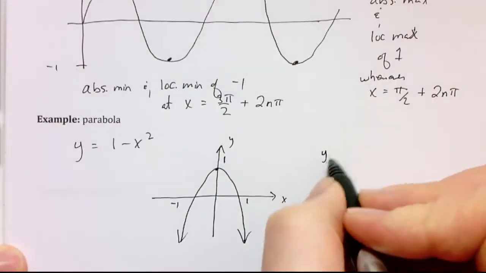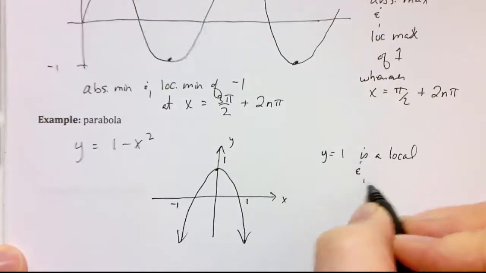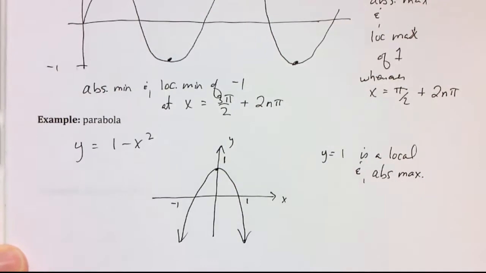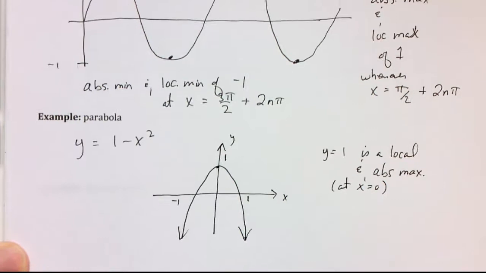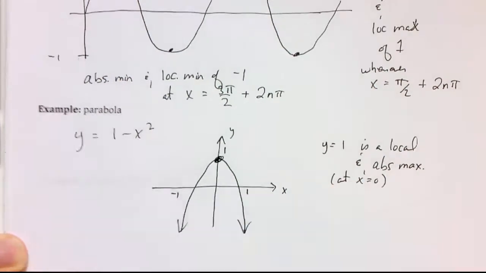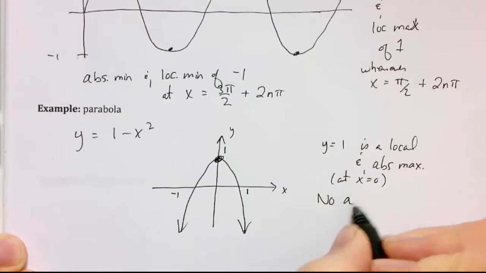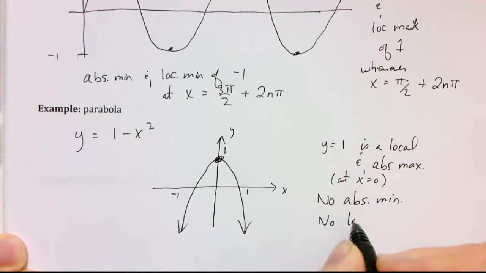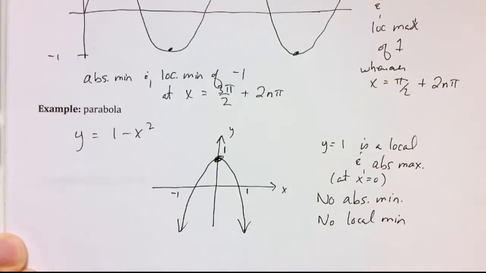So y equals 1 is a local and absolute max, and it occurs at x equals 0. There's no absolute min, and there's no local min. This function keeps decreasing forever.